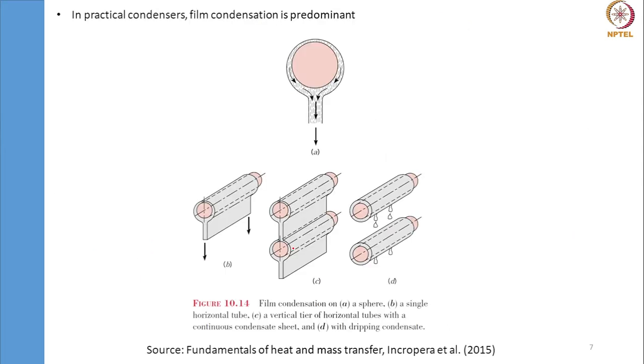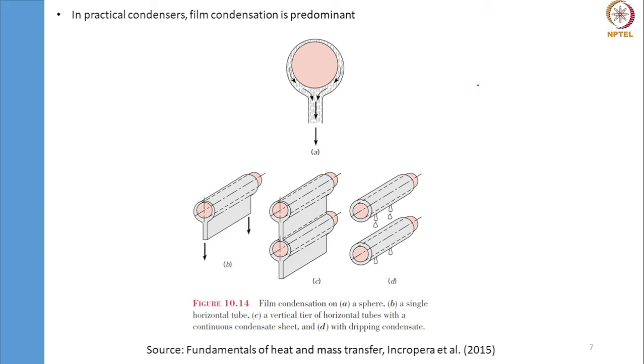So in practical condensers, the mode of condensation is mostly filmwise, because for dropwise condensation, though we have higher heat transfer coefficients, the manufacturing of such kind of tubes is going to be very difficult.